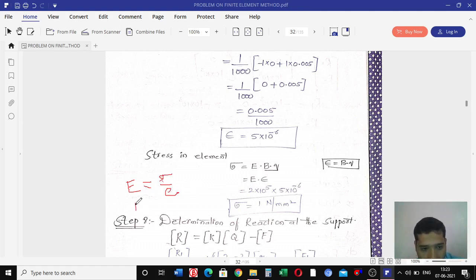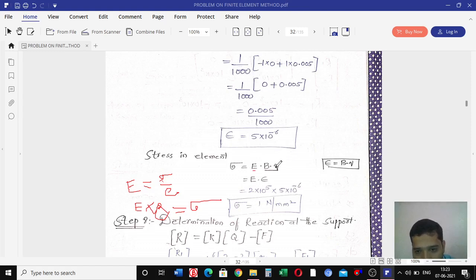E indicates the modulus of elasticity, which equals stress by strain. Cross multiply here: E into small e equals stress. So E is as it is.